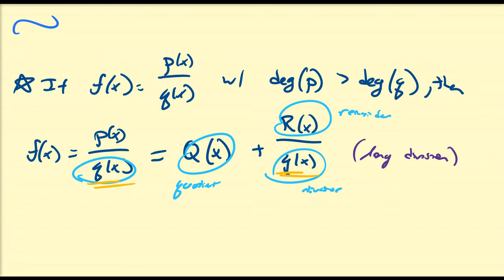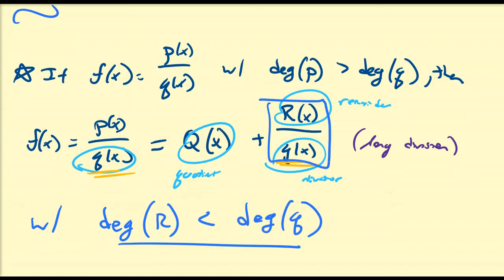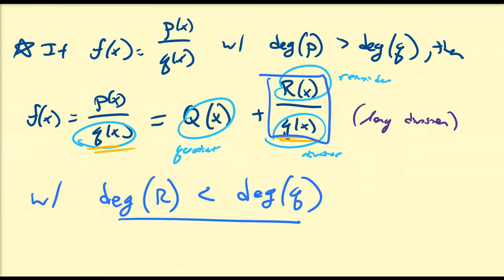And of course here the degree of capital R will be less than the degree of little q. That is, I'm focusing on this term. Since the degree of R is less than the degree of q, we know that capital R over q is going to go close to 0 as x tends to plus or minus infinity.